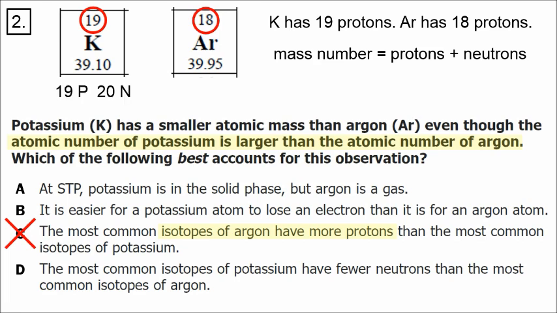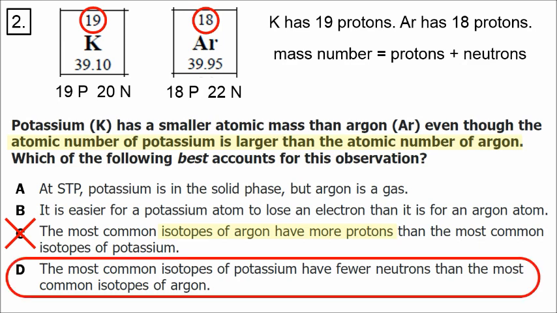Now argon has a mass that's around 40, 18 plus 22 is 40. So because argon is heavier, it must be because it has more neutrons. The correct answer is D. The most common isotopes of potassium have fewer neutrons than the most common isotopes of argon.